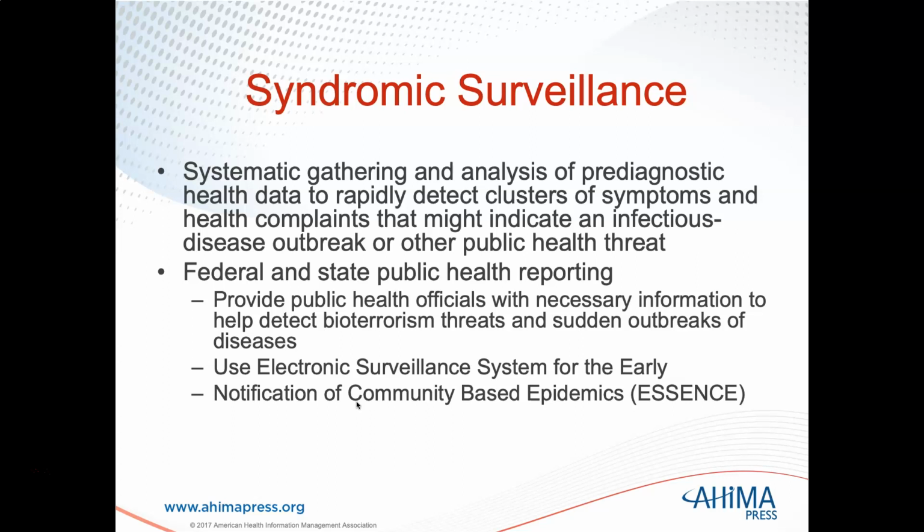There are mandated federal and state public health reporting laws, and the goal is to provide public health officials with necessary information to help detect bioterrorism threats and sudden outbreaks of diseases. Having been through COVID, I think we're all familiar with federal and state public health reporting when it comes to this. They use what's called the electronic surveillance system for the early notification of community-based epidemics.